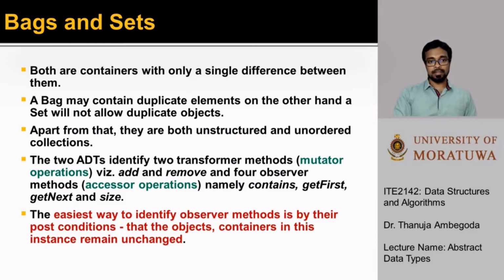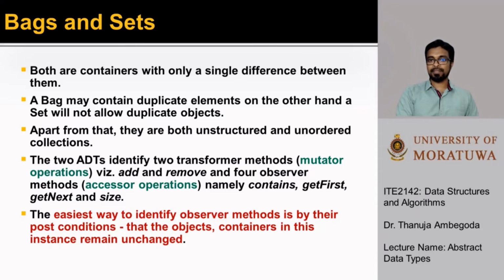These two abstract data types have two transformer methods. They can also be called mutate operations. They change what's contained in these data types. These mutate operations or transformer methods are add and remove. You could add objects or you remove objects.